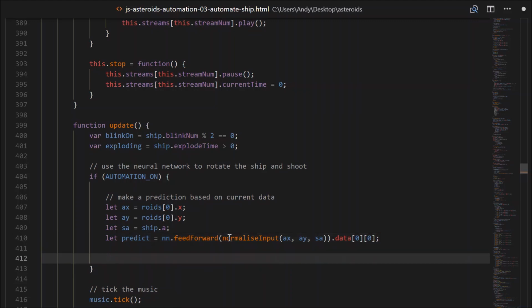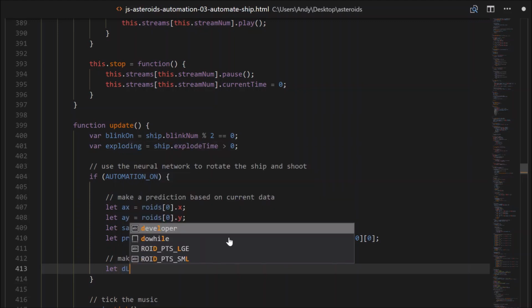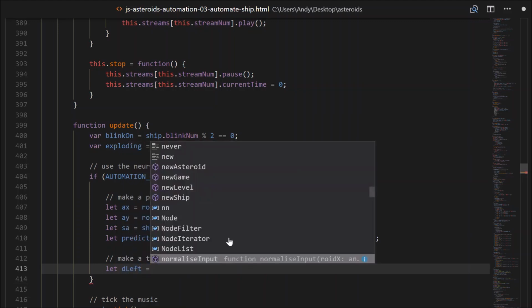Now we need to decide which way to turn, so make turn. Now, we're going to get a value. It's not going to be exactly 0. It's not going to be exactly 1. So how about we find the difference between the prediction and our left and right turns. We'll call it delta left, or difference left, whatever you want to call it.